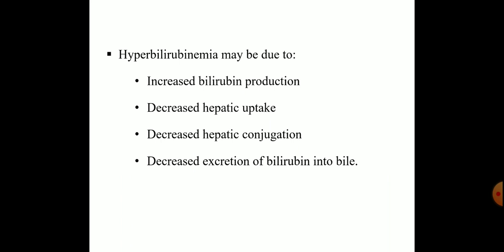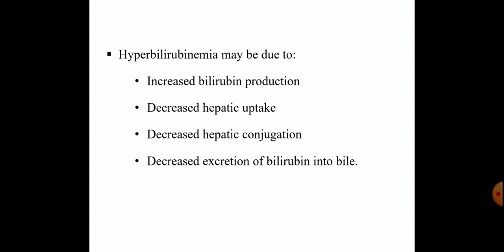Hyperbilirubinemia may be due to increased bilirubin production, decreased hepatic uptake, decreased hepatic conjugation, or decreased excretion of bilirubin into the bile. Increased bilirubin production may be due to excessive lysis of RBCs.